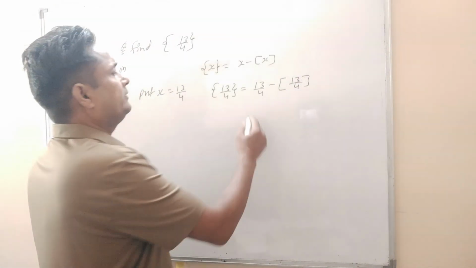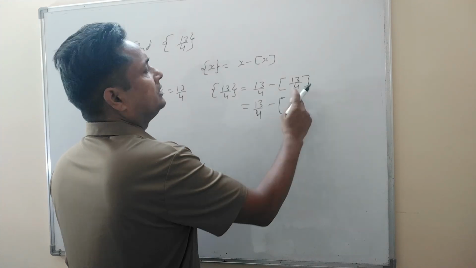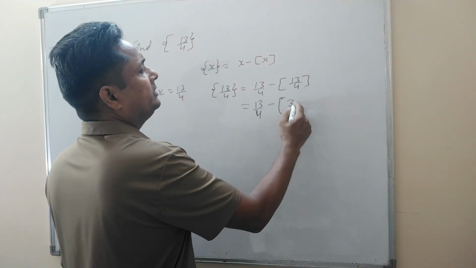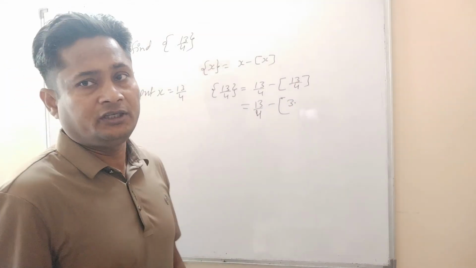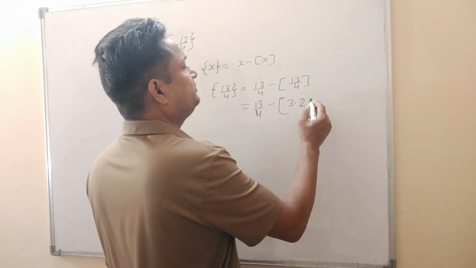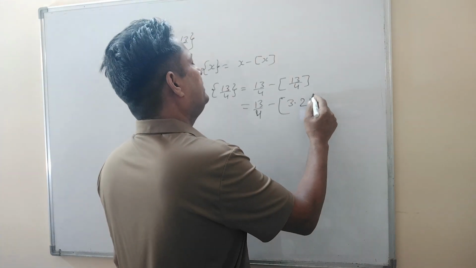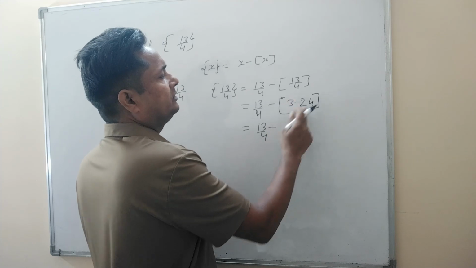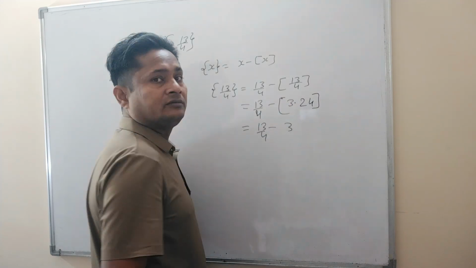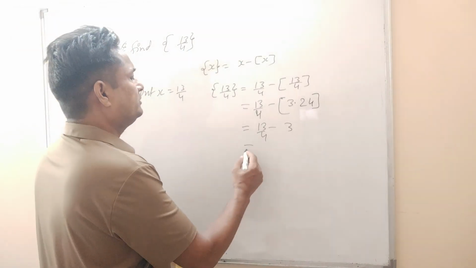Right? So now divide this. 13 by 4 will be about 3.24. So if you take the greatest integer of this, it gives the value 3. You know the property of the greatest integer. So now simplify this.